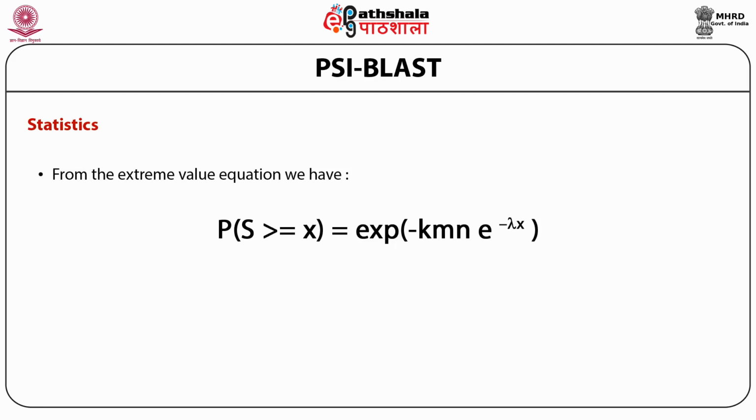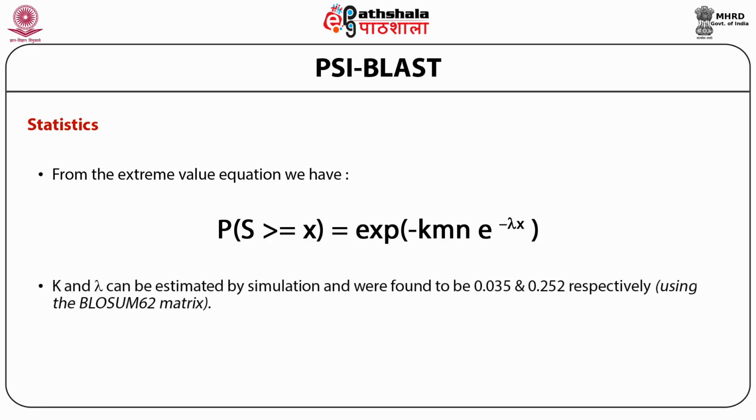As we saw in the previous module, the probability that the BLAST score S is greater than some threshold x is given by the extreme value equation, e to the power minus K m n e to the power minus lambda x, where K and lambda are the scale parameters which can be found by simulations, and for every scoring matrix there are different values. So for the BLOSUM matrix, K is 0.035 and lambda is 0.252. Given that, and fitting it into the extreme value equation, one can find the probabilities.